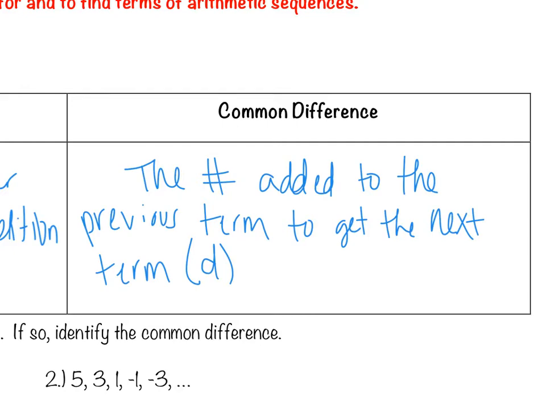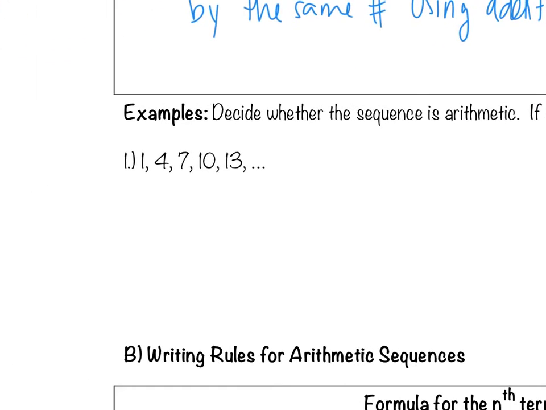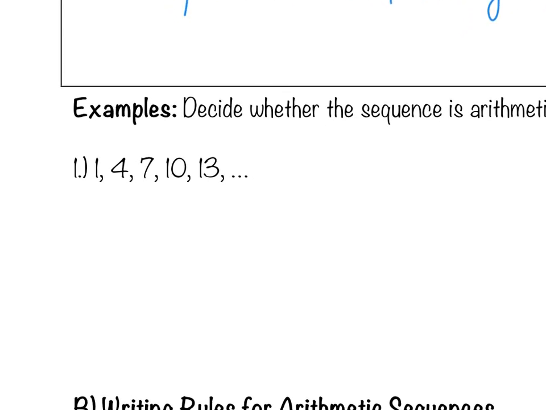So let's look at some of these examples of what these sequences can look like. In the first one here, we're going to decide whether the sequence is arithmetic or not, and then identify the common difference if so. To figure out whether there's a common difference, you want to see if the same number is being added or subtracted every time.